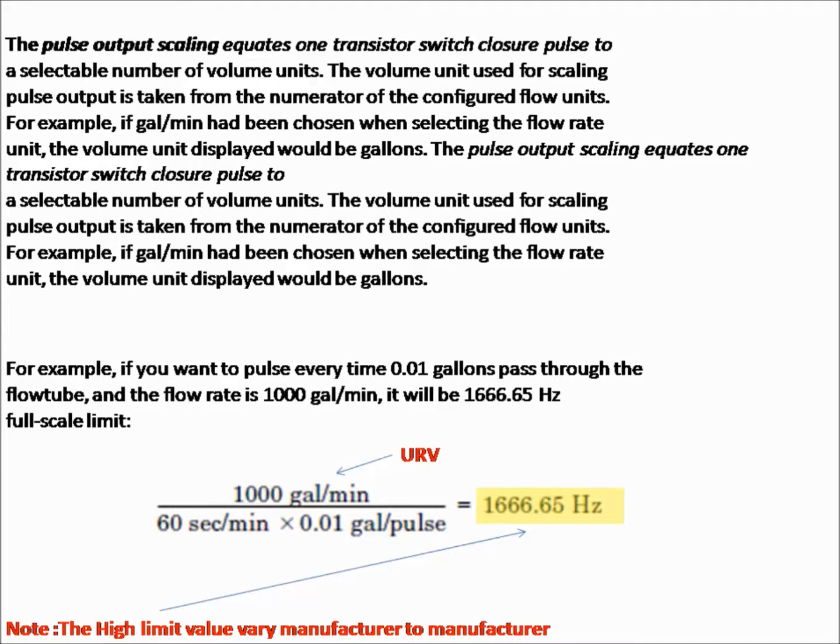So the full scale limit of pulse output will be 1666.6 Hertz. The high limit value may vary from manufacturer to manufacturer. Remember it. For immersion, it is typically 1000 Hertz. So your pulse output should be less than 1000 Hertz.